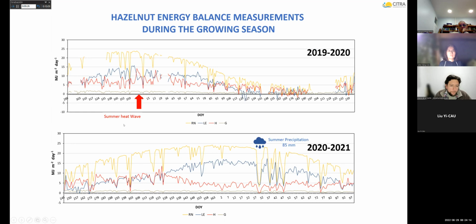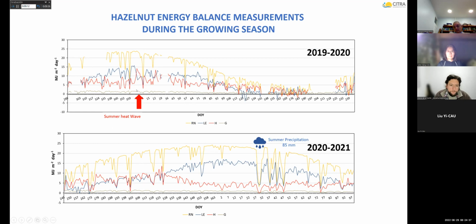The most important and interesting data here is that in the first season, you can see a summer heat wave that changed the values of the latent heat flux downward and inverted them with the sensible heat flux.